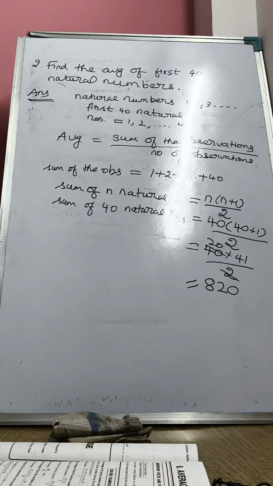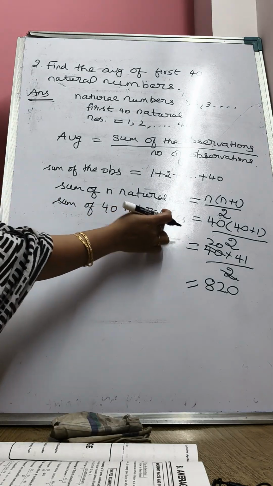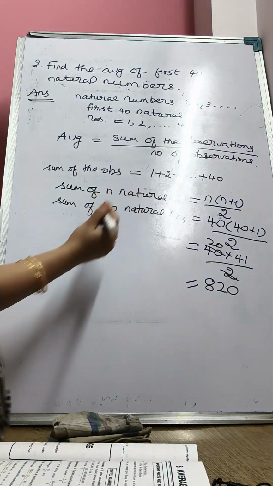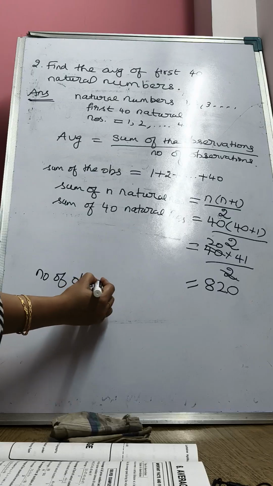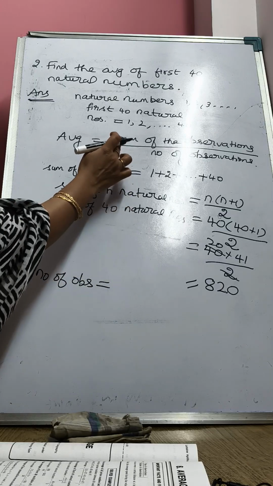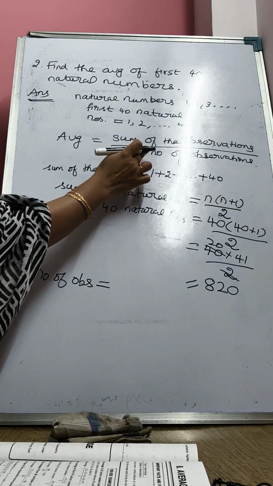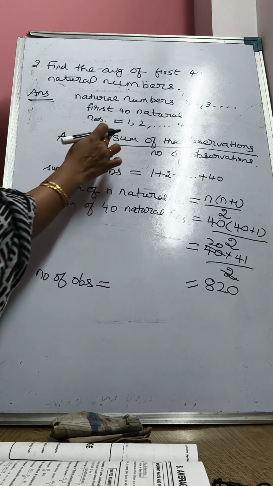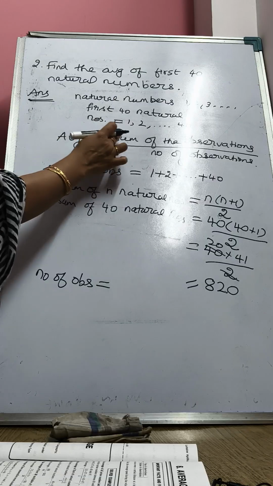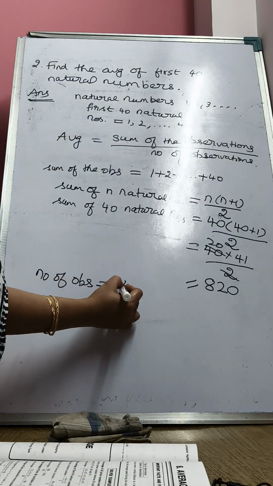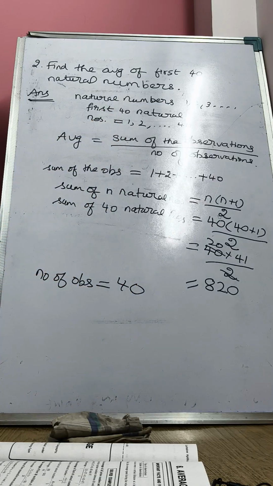So now we have found the sum of 40 natural numbers. Now divided by number of observations. How many numbers we have taken to sum is the number of observations. So here 40 numbers we have taken for the sum. Therefore my number of observations is 40.